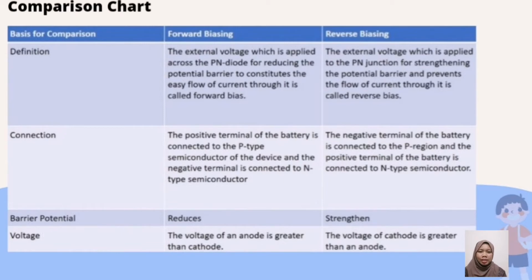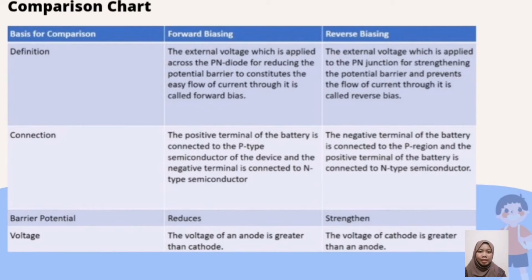In forward biasing, the positive terminal of the battery is connected to the P region, and the negative terminal is connected to the N-type material, while in reverse bias, the positive terminal of the supply is connected to the N-type material and the negative terminal is connected to the P-type material of the device.